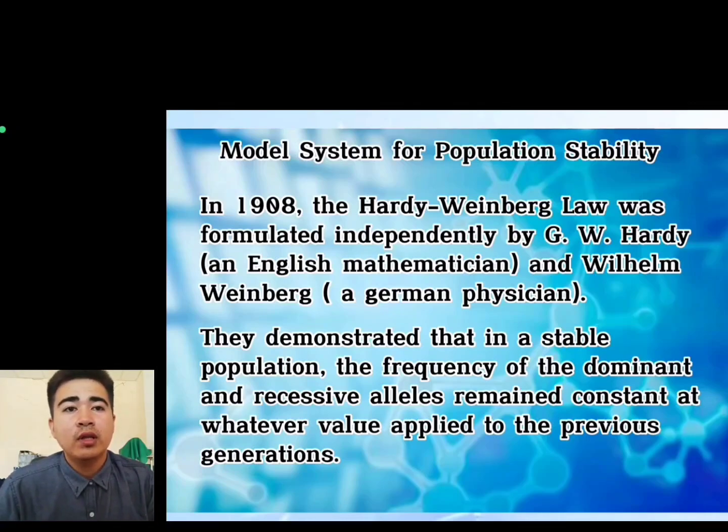In 1908, the Hardy-Weinberg law was formulated independently by Hardy, an English mathematician, and Weinberg, a German physician. They demonstrated that in a stable population, the frequency of the dominant and recessive alleles remains constant at whatever value applied to the previous generation.